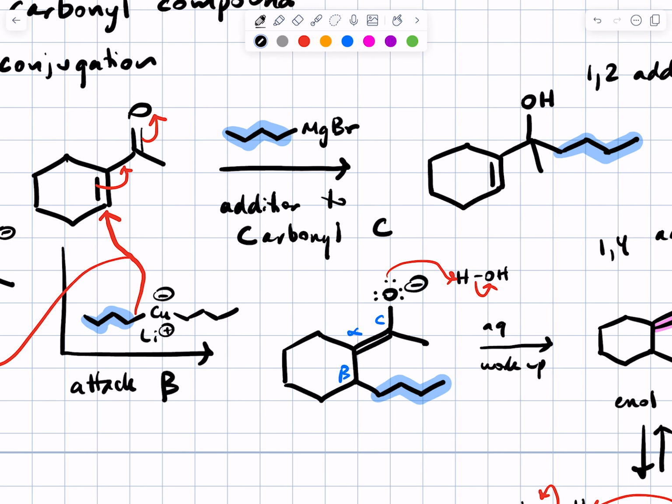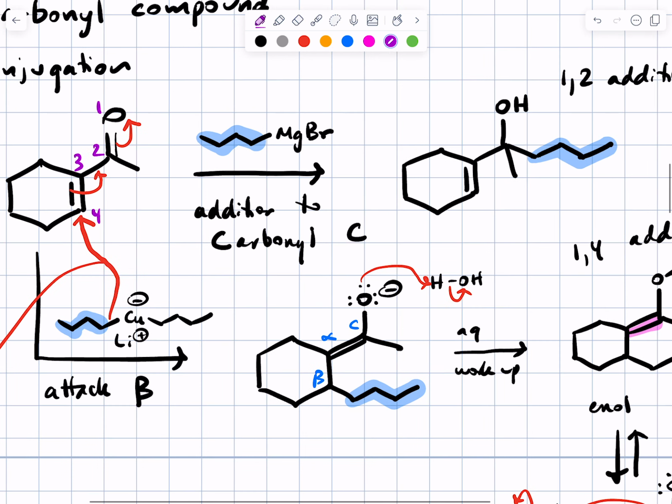If we call the carbonyl oxygen position 1, then in the product, it's easy to see that we added two things, the blue set of carbons and then the pink hydrogen, to positions 1 and 2.